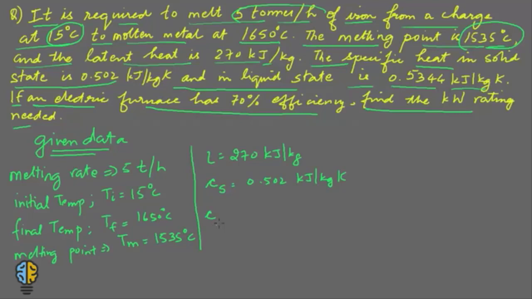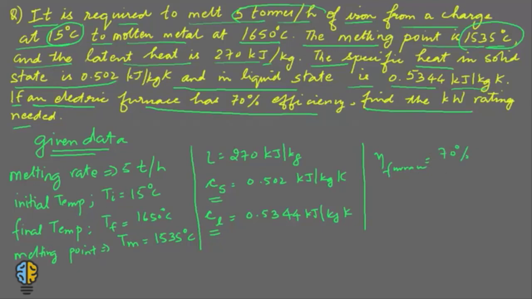The specific heat in liquid state is 0.5344 kilojoule per kg Kelvin. Now you can see that you have different specific heat capacities for different states. The efficiency of the furnace is 70%. So this is given to you.